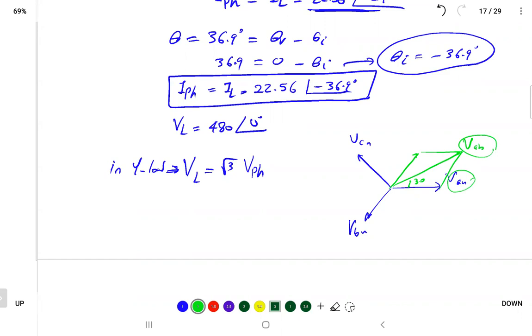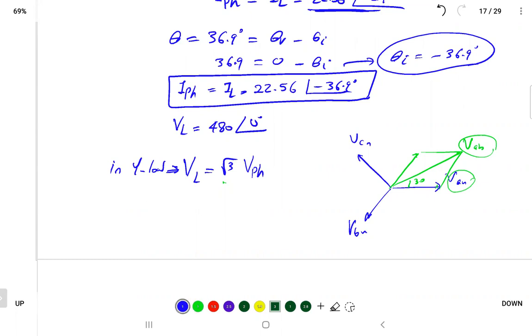I'm interested in the phase. So you look at the phase here, it's smaller. So it means I divide the line magnitude by square root of 3, and the angle will be lagging by 30 degrees. I used to derive the equation, but you have it in the formula that was given for you. The relationship between the line and the phase voltage in Y connected is 30 degrees.